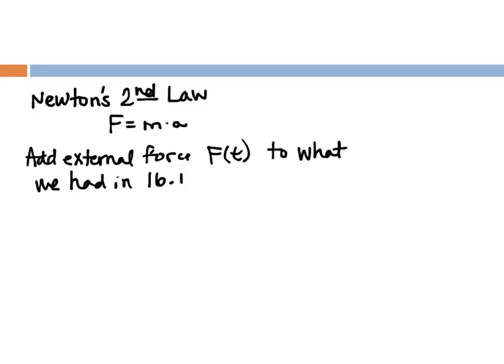All the forces that we had working with our situation in 16.1. And what that does is that creates a displacement differential equation, excuse me, that looks something like this. U of t, I won't put an equals because that looks a little bit too much like math, this is more of a definition, is the displacement from equilibrium.